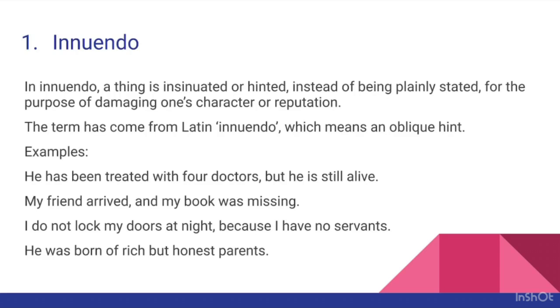Again, here the insinuation is that the servants are generally thieves. Last example, he was born of rich but honest parents. Again, the use of the word but insinuates that the rich people are generally dishonest.